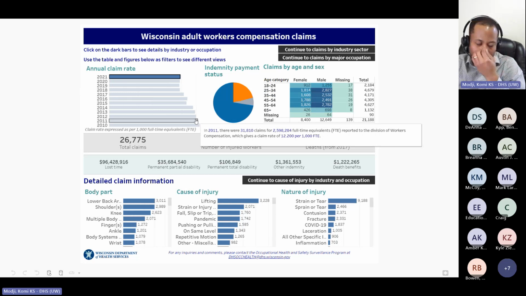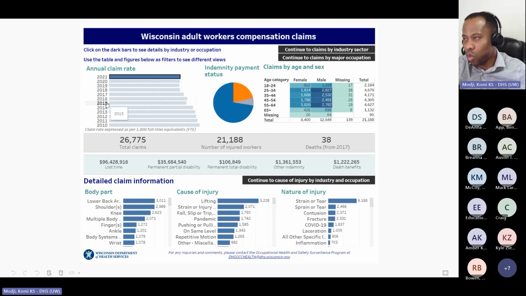We want to focus on the most recent year when we pulled the data, which was 2021. This is the moment to say that we are working on updating the dashboard and we'll be adding a few more years to it. It is not realistic at this time to have an up-to-date, real-time workers' comp dashboard, but we are working to have it updated regularly.